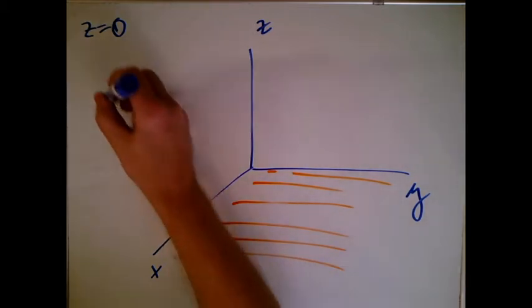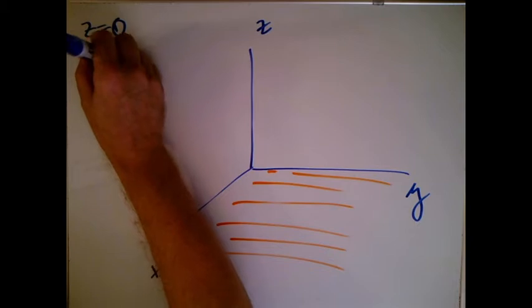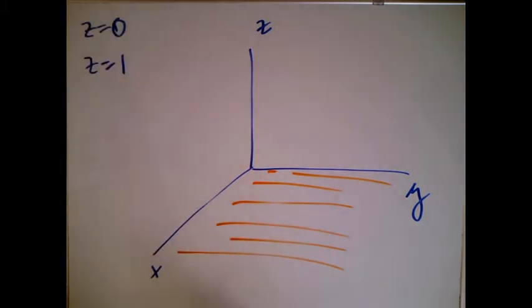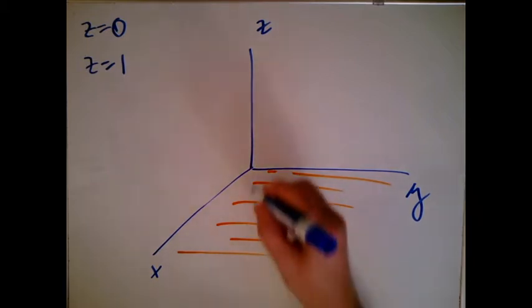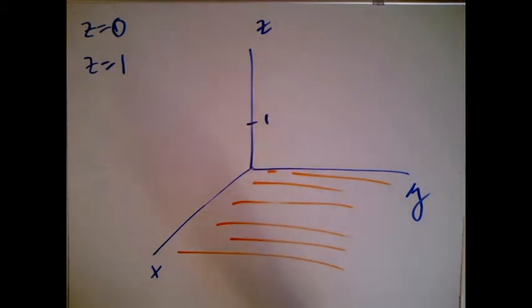For example, if I want to go to z equals 1. Remember, what we're looking at is the set of points, all of whose heights are 1. Well, that's just a plane that's 1 higher than the one I already have graphed here. So all I would do is go to height 1 and draw the same thing I have here, but just up 1.